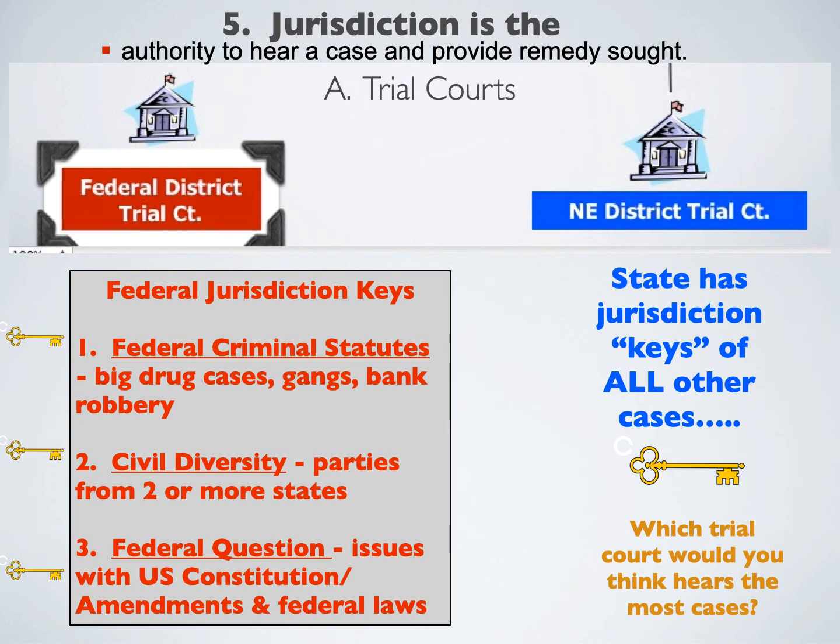If it deals with a federal law, the U.S. Constitution, or the amendments, it can get into federal court. All right, so those are jurisdictional keys that we talked about and looked at. If they don't have one of those three keys, it has to go through the state level. All right, so this gives you the idea of where a case starts, left or right, federal side or state side.